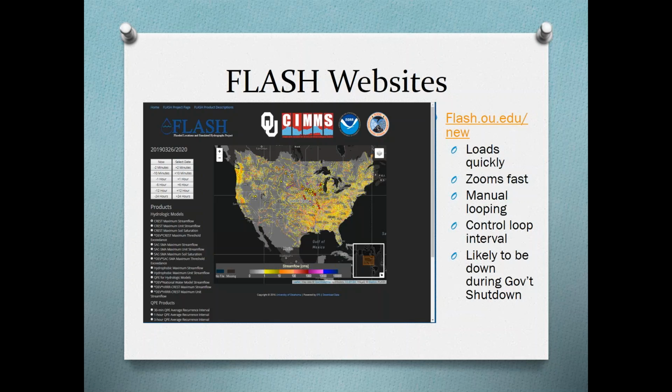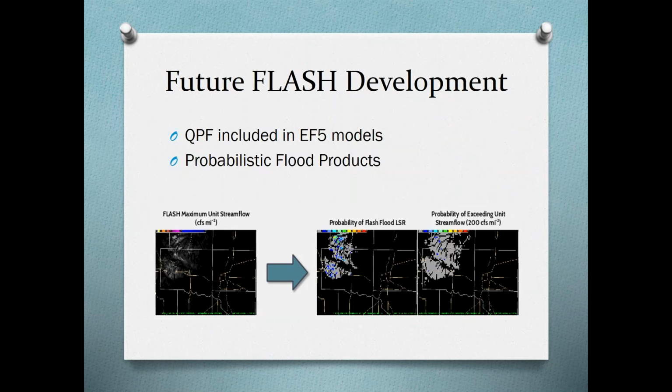And one thing we did learn when the government was shut down is that since this is contracted, it eventually quit working during the shutdown. So that was unfortunate. And just a couple of future developments coming down the pike. The model will start using QPF. Right now it just uses QPE.